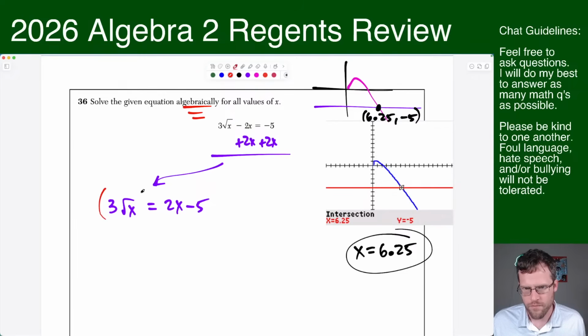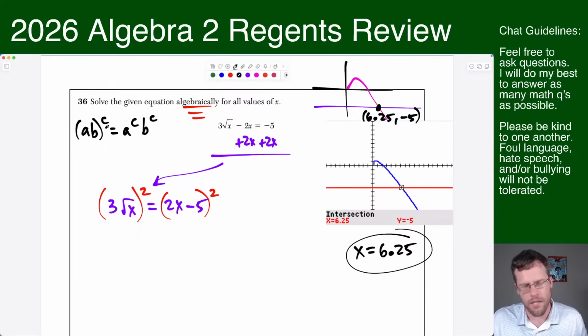Once I get here, now I could square both sides. Now, some more math. A times b to the c is a to the c, b to the c. So this is the same thing as I could say 3 squared is 9, and then square root x times square root x is x. Equals, don't say 4x squared plus 25, that would be a tragedy.